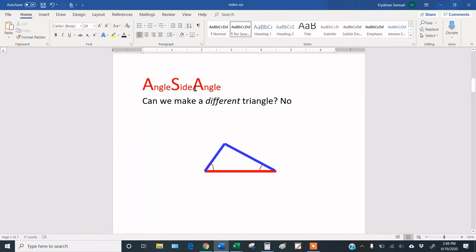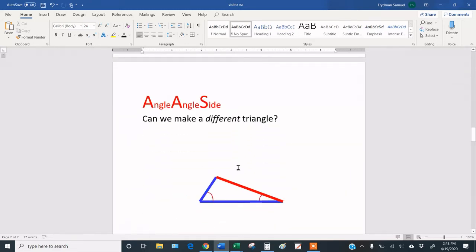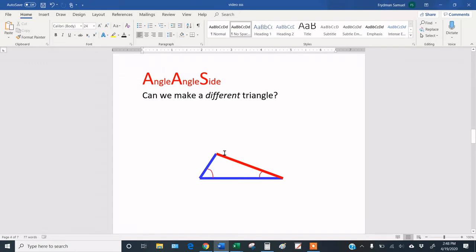For ASA, this locked side is between these two locked angles. On the other hand, with AAS, this locked side is not between these two locked angles. So these conditions are not the same as the other ASA conditions.